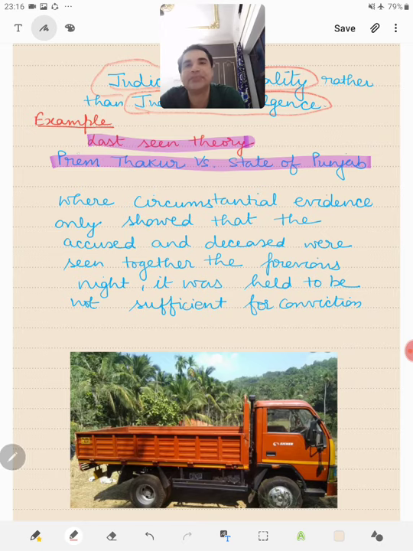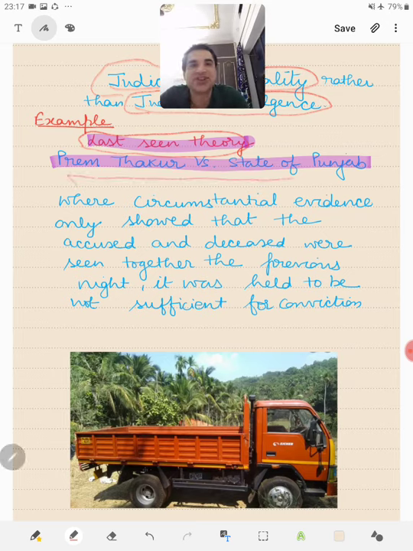One most important example is the last seen theory: if the accused and the deceased are last seen together, and from the circumstances it is seen that he was the last person who was with him, and immediately thereafter he was found dead, then in that case it may be inferred that he has killed. But that must be supported by circumstantial evidence, from independent circumstances, independent proofs, independent facts.